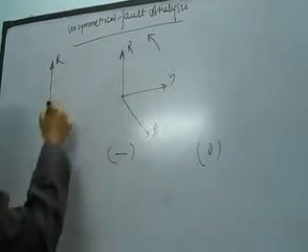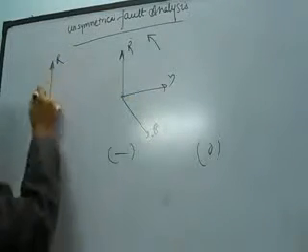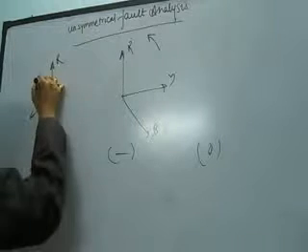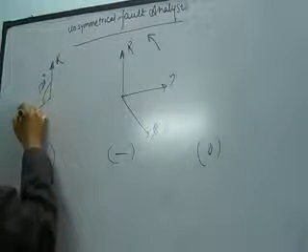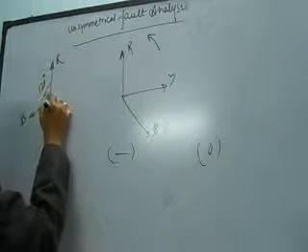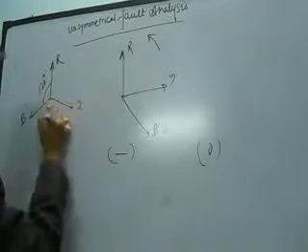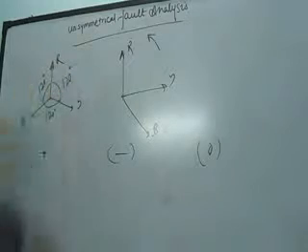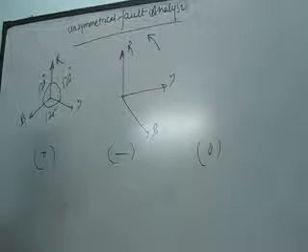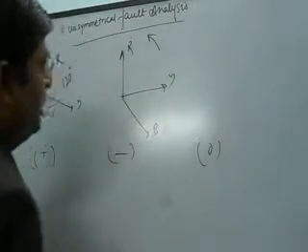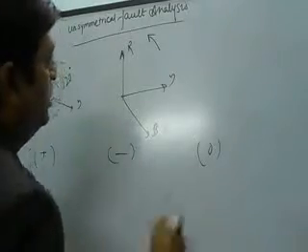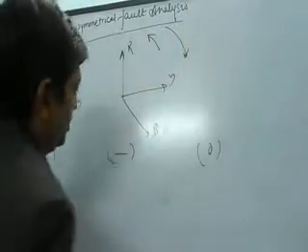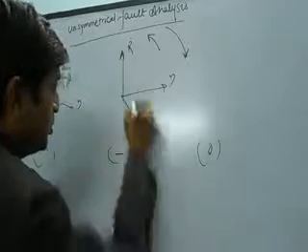That is, let's start with R phase, R. Next B will come, having a phase difference of 120 degrees. Next Y will come, having a phase difference of 120 degrees. So this is called the positive sequence balanced vector.